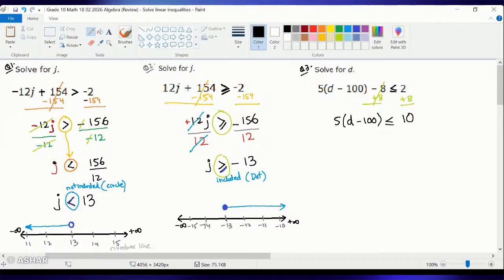If we divide both sides by 5, we can say d minus 100 is less than or equal to 2, because this is 5 times 1 and 5 times 2.